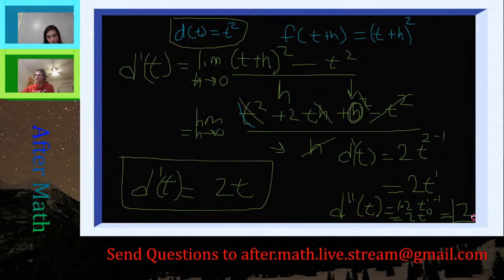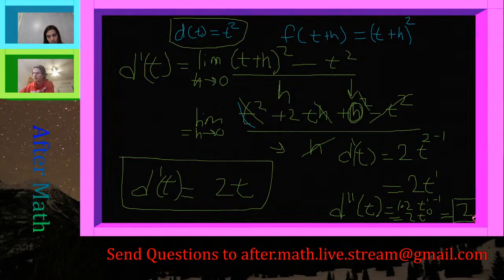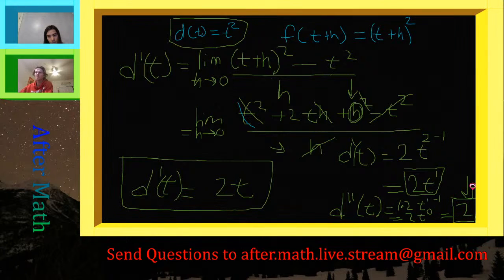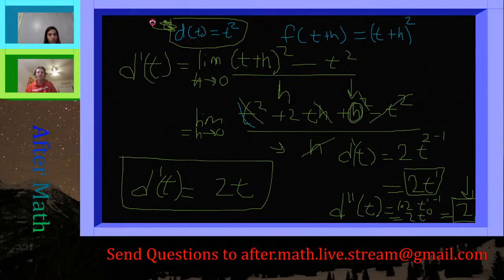So our velocity would be this here, 2t. Our acceleration is a constant, which is 2. And our displacement is up here at our original equation. And that is what we guessed from our graph, right?